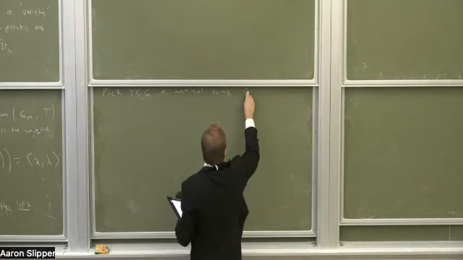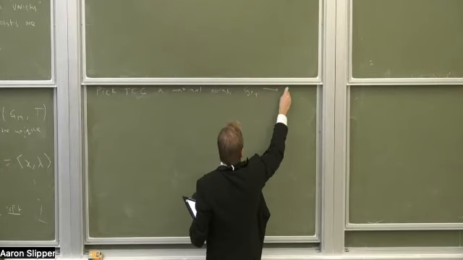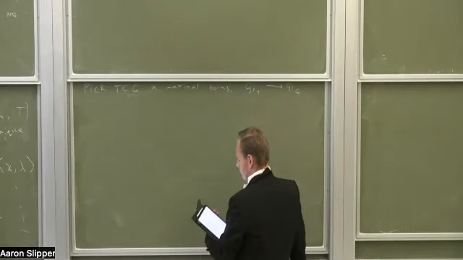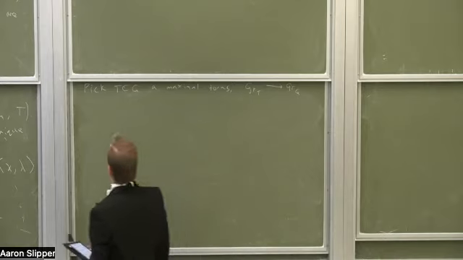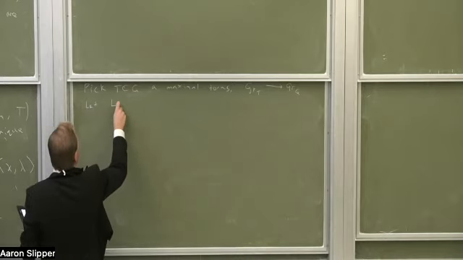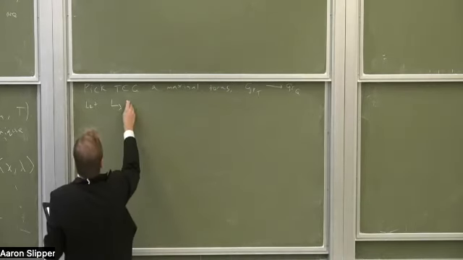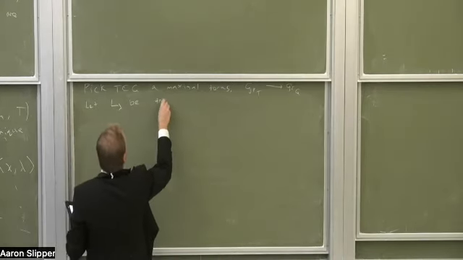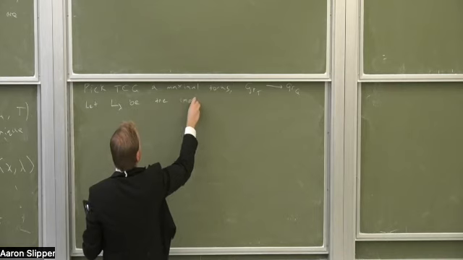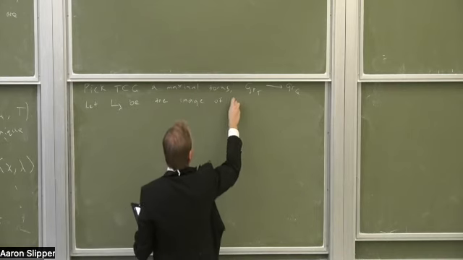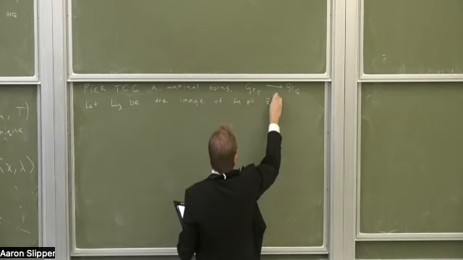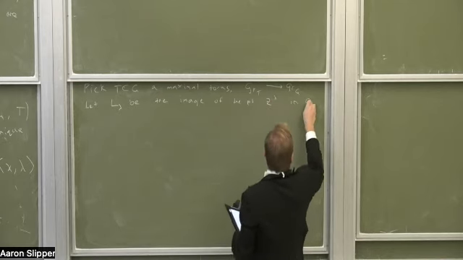There's a natural map from Gr_T to Gr_G. And we will let L_lambda, this is the notation in Mirkovic-Vilonen, be the image of the point z^lambda in Gr_G.